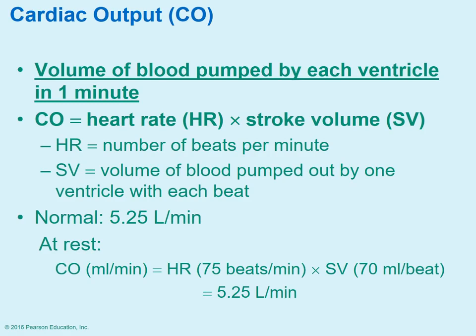Normal cardiac output is about 5.25 liters per minute at rest. This is showing you that on average heart rate is about 75 beats per minute, stroke volume is about 70 milliliters per beat, and so you just multiply the two, and that's how it came up with 5.25.